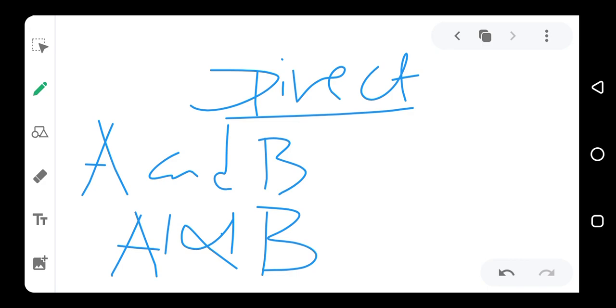So if we want to clear the sign of proportionality or the sign of variation, we introduce what we call a constant.